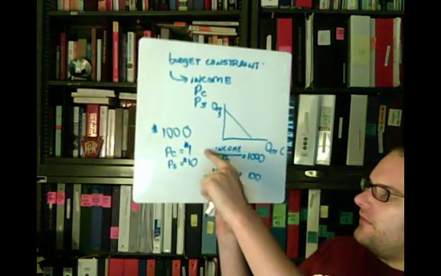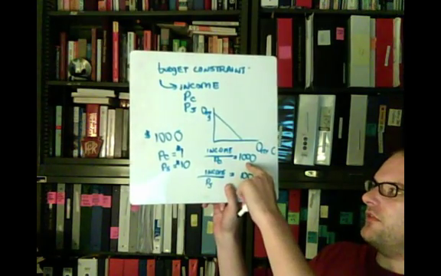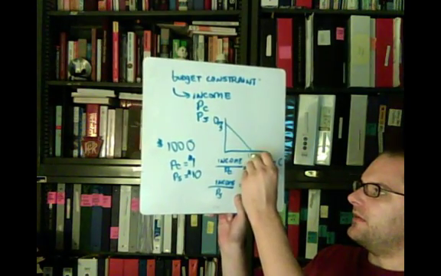then obviously the maximum amount of each good is going to reflect the intercepts of my budget constraint, which would mean that if I devoted all of my income to crest, then obviously that would be 1,000 over 1, which is 1,000.